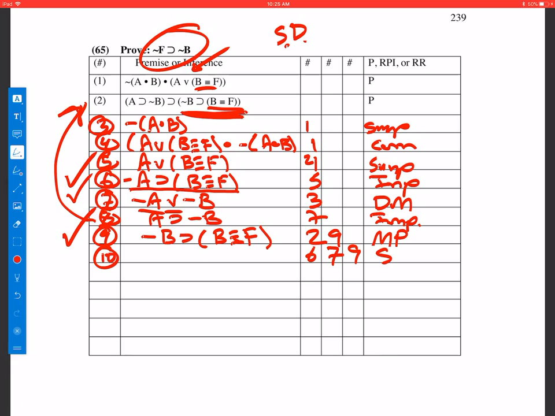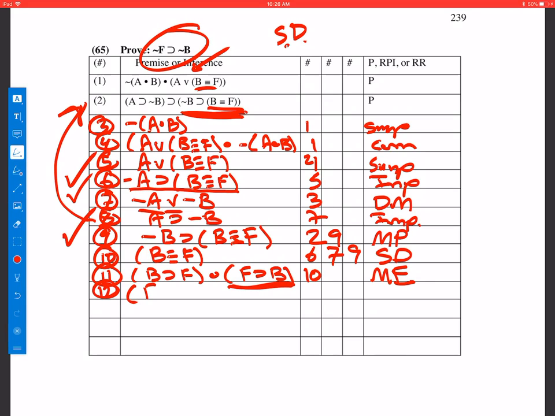And so 6, 7, and 9, by simple dilemma, get me B if and only if F. Okay. Now, B if and only if F, I know can be exploded to B then F and F then B from 10 by material equivalence.